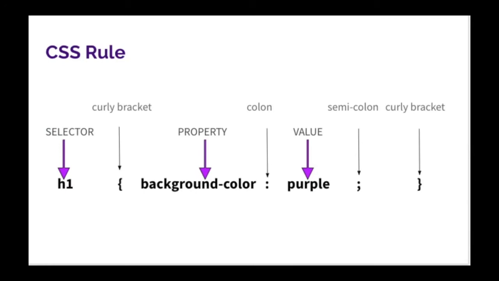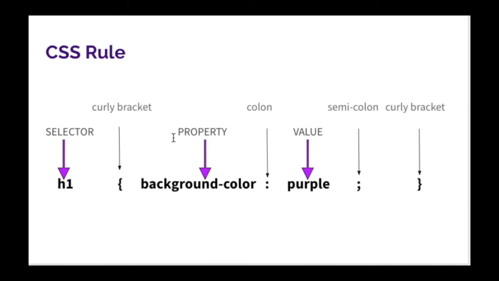So this is the code that we will need within the style element that we have nested under the head element. We will always start with a selector. So our selector here, as I said, is going to be the H1 section of the web page. Then a curly bracket.